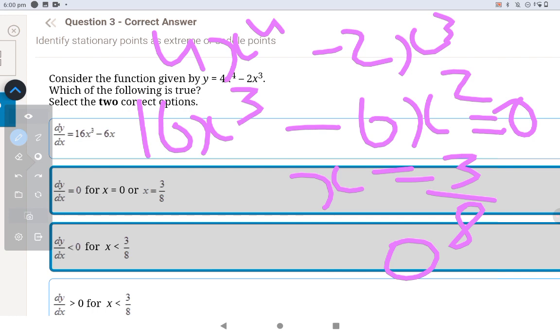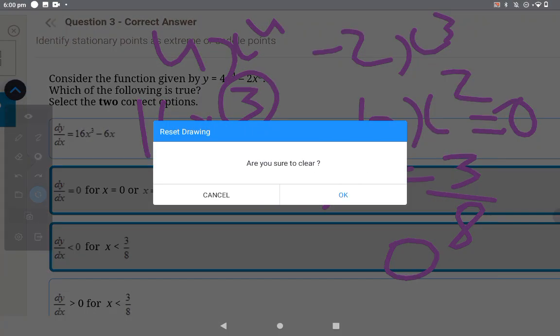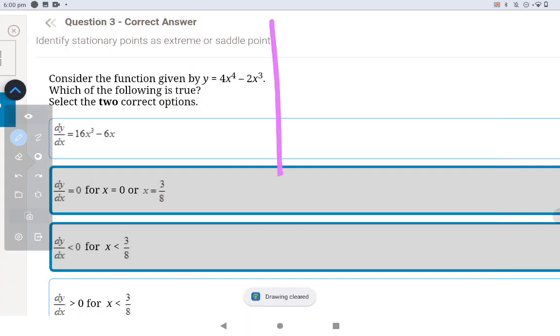Now, dy over dx is less than 0 for x is less than 3 over 8. Okay, let's do it. The power of the variable is 3, and we said that when it's 3 or more, it's going to be substitution. So, let's do the graph. This is the graph.